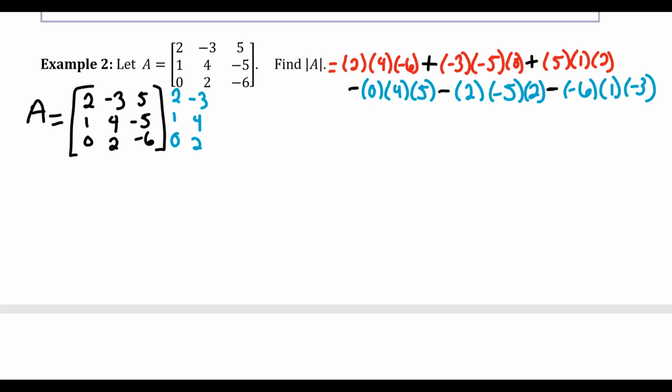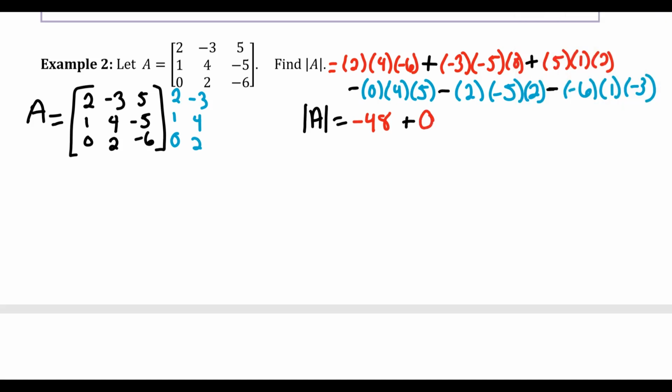Now I'm just going to do the multiplication for each of these. So the determinant of A is equal to 2 times 4 is 8, 8 times -6 gives me -48. Plus, -3 times -5 is 15, times 0 is 0.